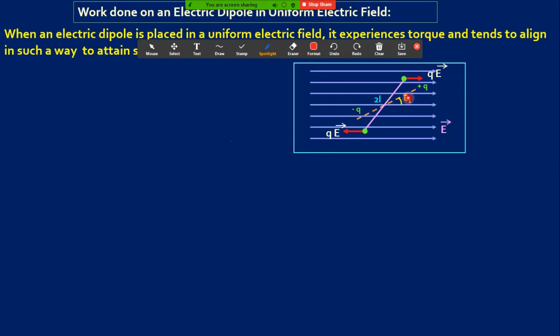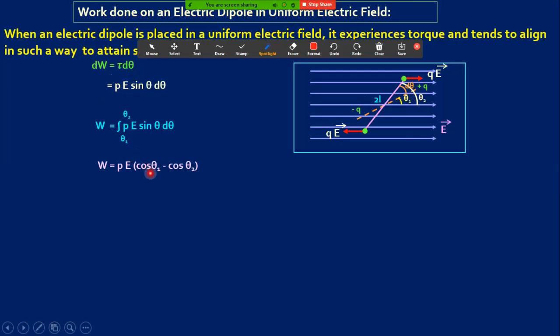Here, this electric dipole moment is deflected by some angle, that is theta 2, and the difference between theta 1 and theta 2 is d theta. So what will be our work? dW is equal to tau d theta. So tau is equal to PE sine theta, and we integrate d theta from theta 1 to theta 2.